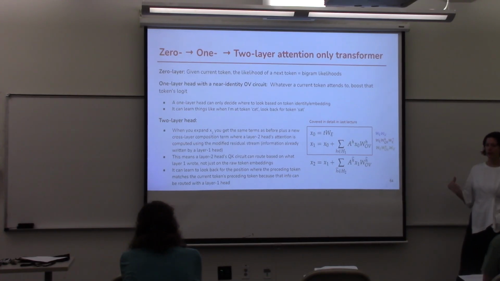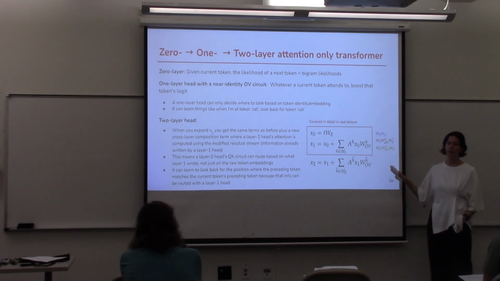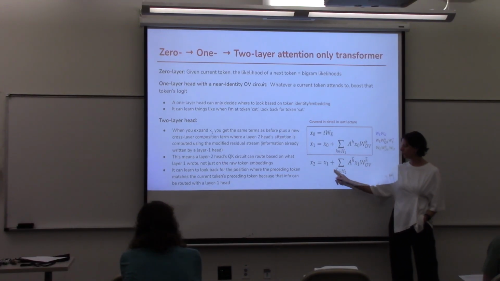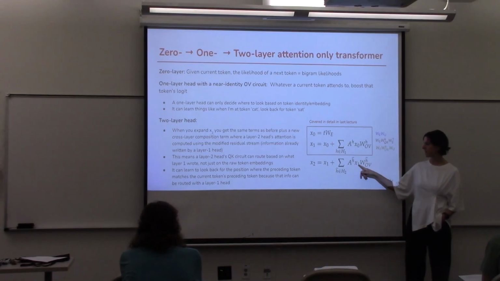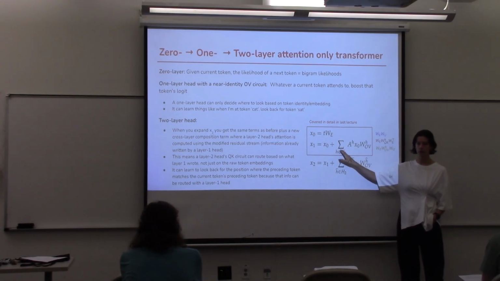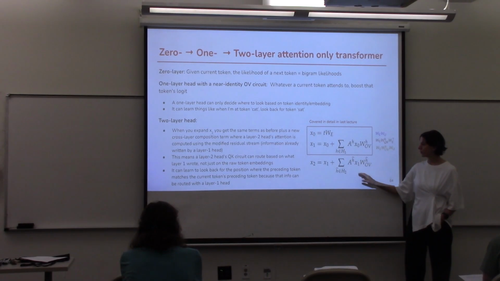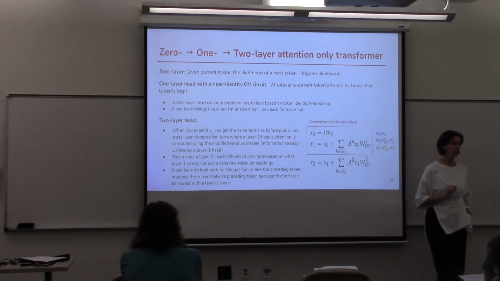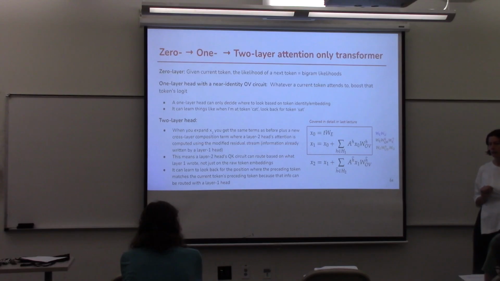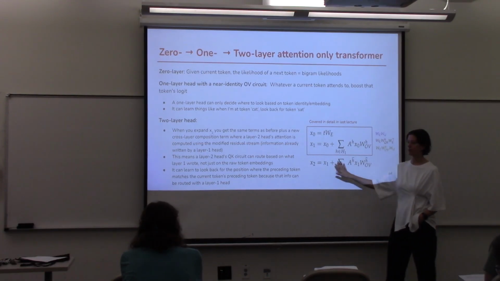So the next thing we could do is derive a two-layer attention-only transformer. Meaning now the input to the second layer of multi-head attention is x1, which we just computed. We also have a residual connection, so we add x1 to the output of the multi-head attention. That's our final representation.